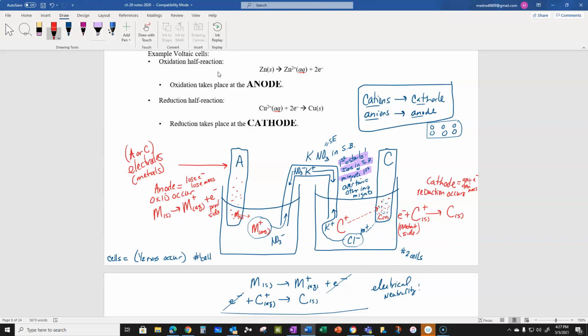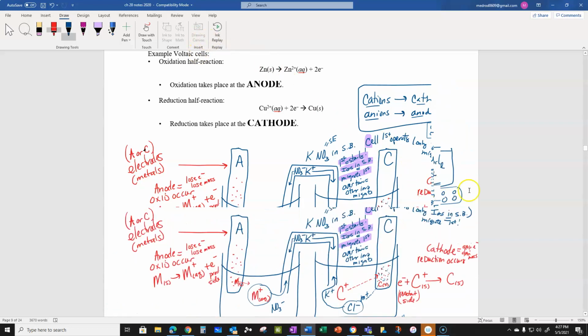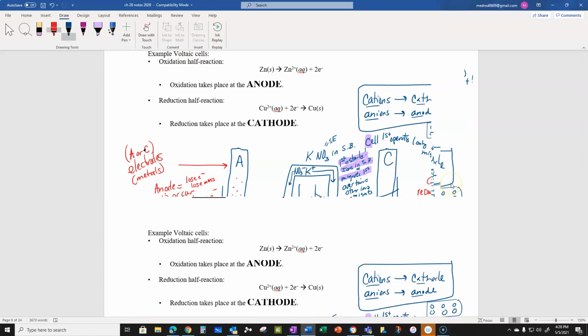When they say the cell first operates, it basically means as soon as you turn it on, it's only the ions in the salt bridge that migrate first. It's so important, ladies and gentlemen, that you read the questions correctly. All right. The migration of ions maintains electrical neutrality.